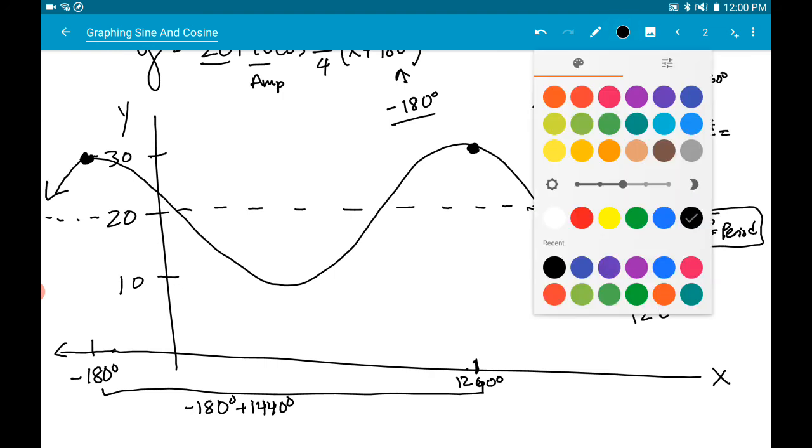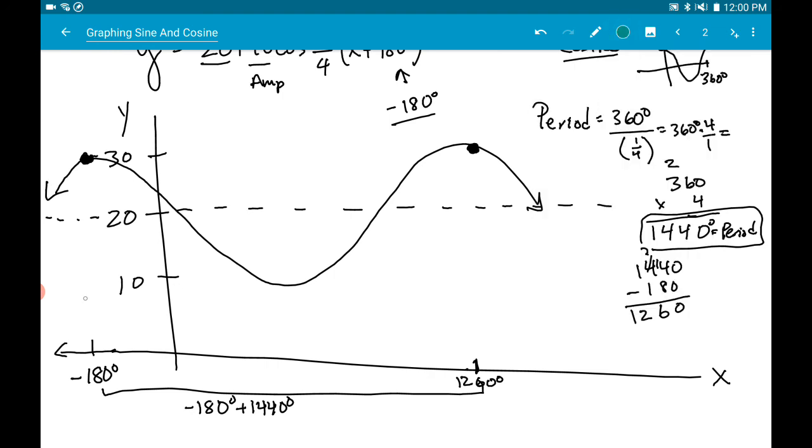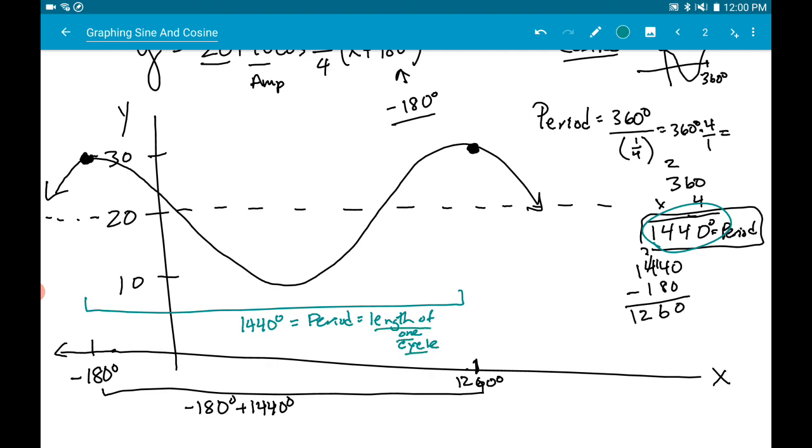Again, just to repeat, this right here is one cycle, and the length of that cycle is 1440 degrees. The period is the length of one cycle. I'll leave the rest for you to fill in if you want to. Thanks for watching. We'll see you soon.